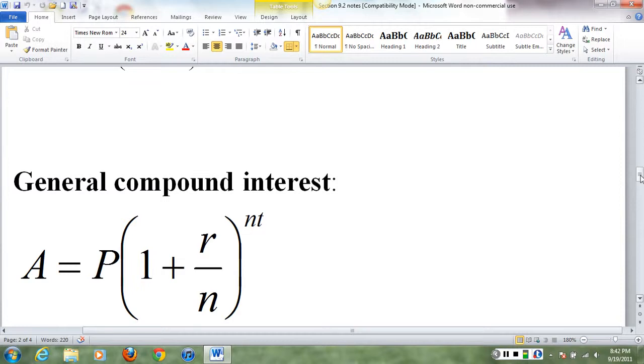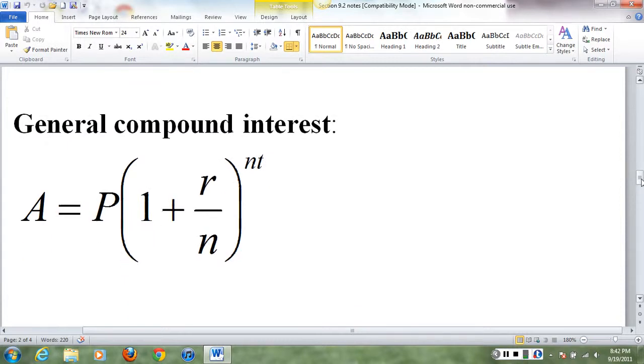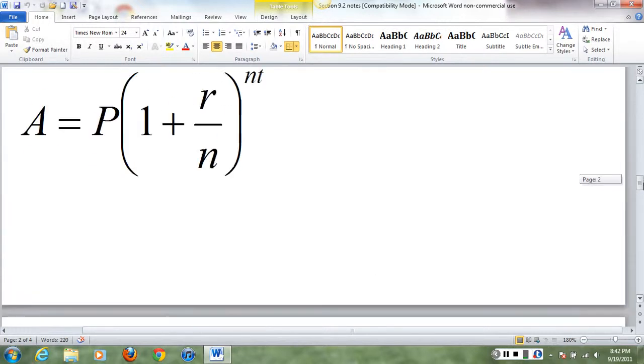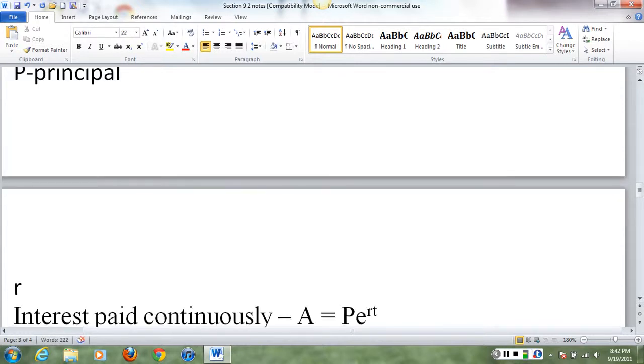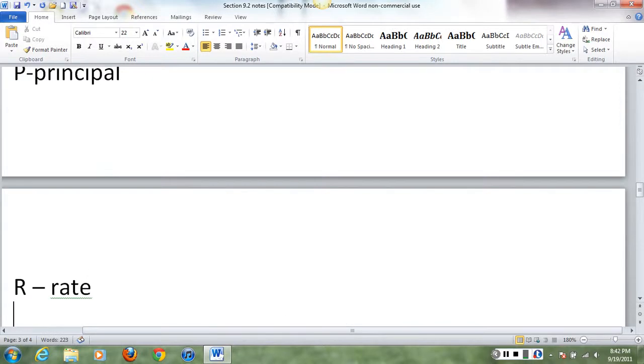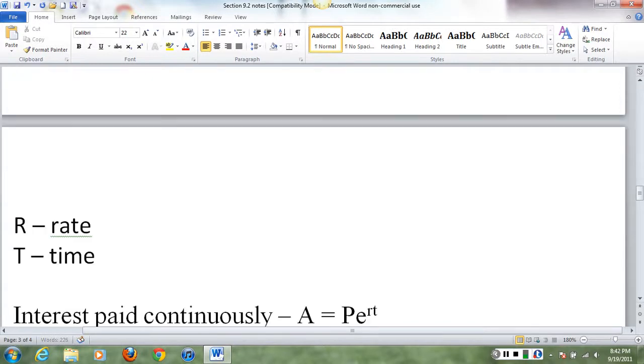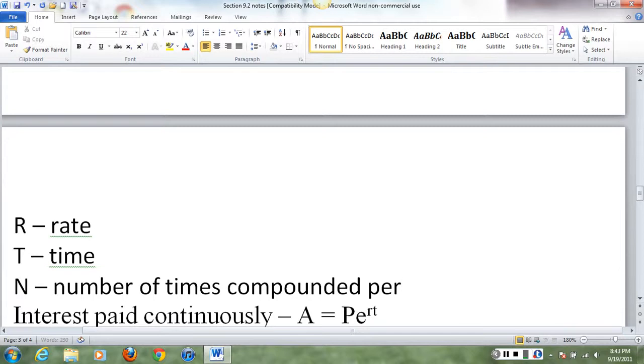In general, here's our compound interest formula. Now this time, you notice a new variable, n, and just to be clear, let's put these in. This is our principal, our P, R is our rate, T is time, and our N is the number of times compounded per year.